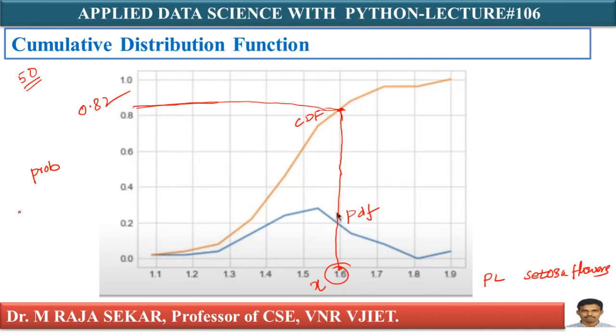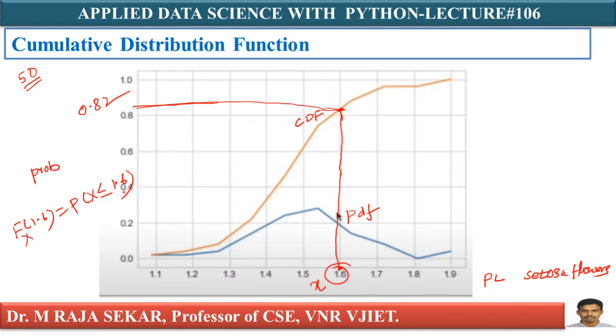For x equal to 1.6, what is my cumulative distribution function? F of 1.6. F capital X of small x equals P of capital X less than or equal to small x. This is the definition, isn't it?